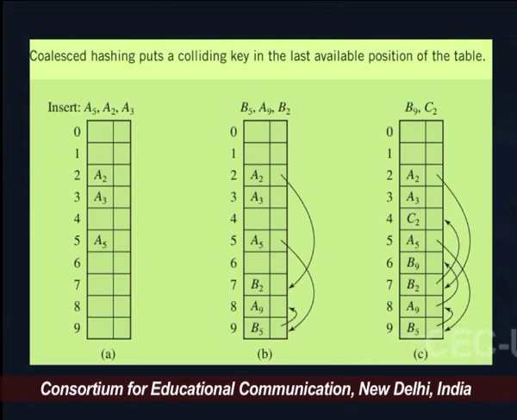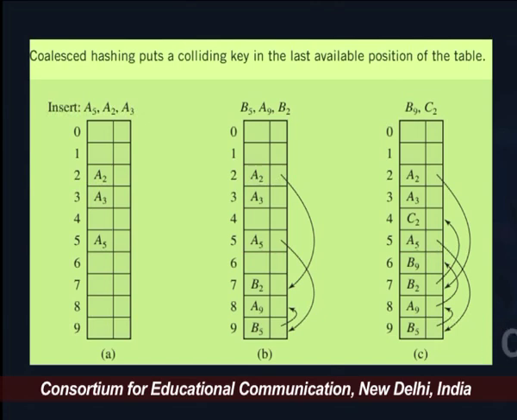So, B2 is going to get position number 7, position number 9 is taken by B5 and 8 is taken by A9. Now, you can see here that there is a link from A2 to B2, and the presence of this link indicates that there is something which shares this particular space.